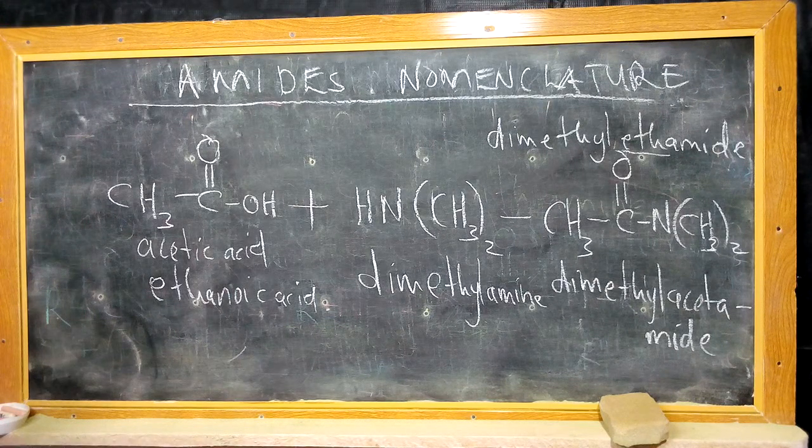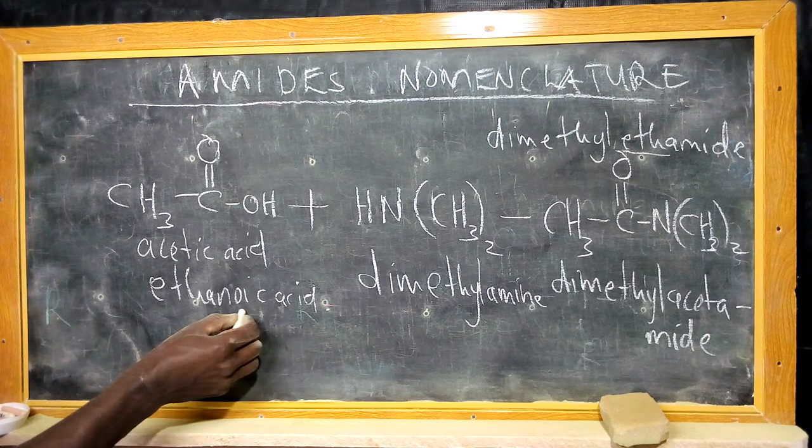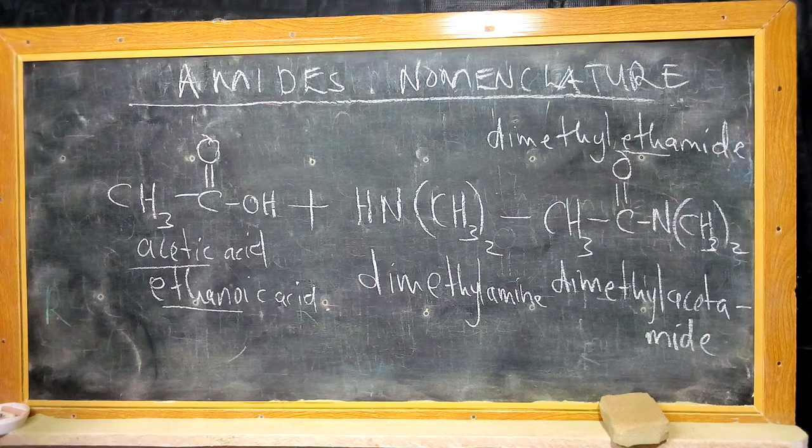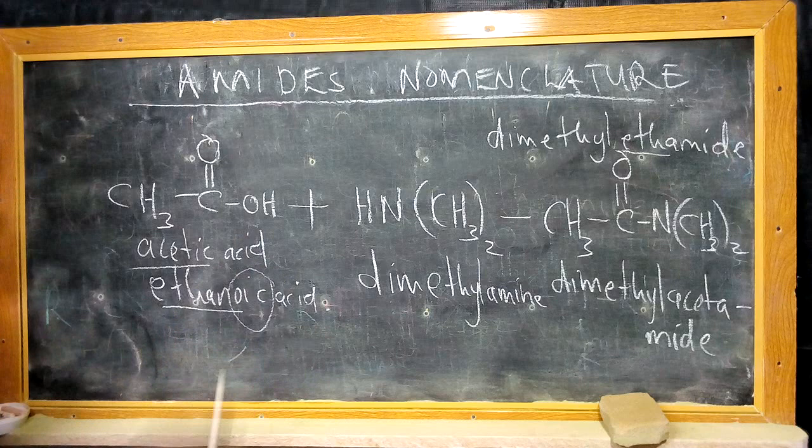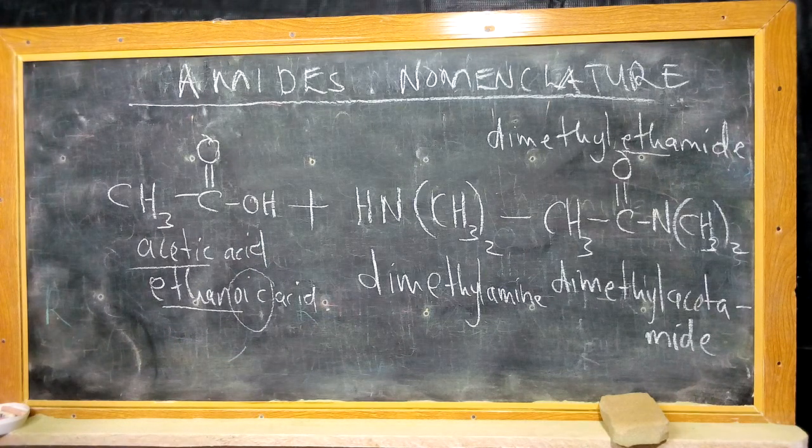So in this case, we are seeing that the name is derived from the parent carboxylic acid, which in our case is acetic acid. In this particular name, the oic part of the acid, that is the suffix, is replaced with the name amide.